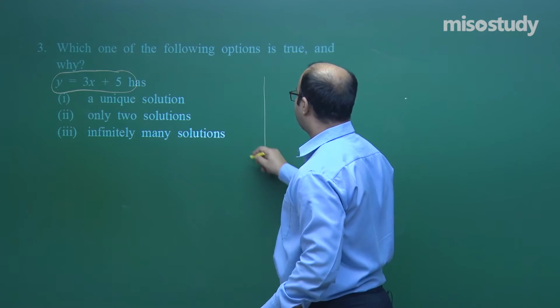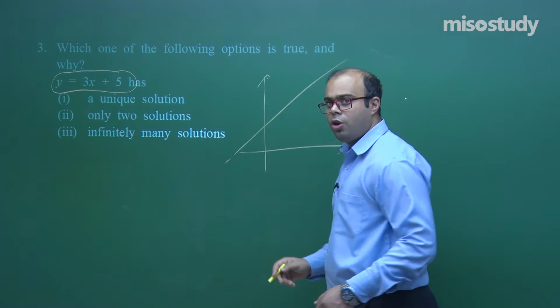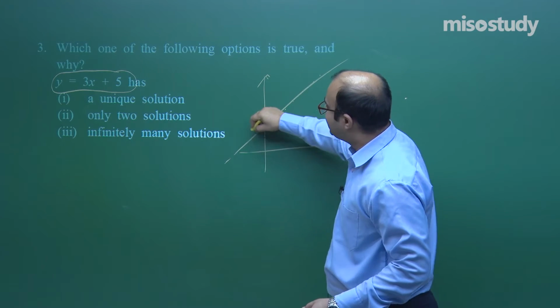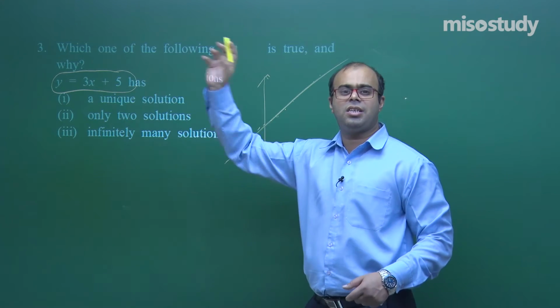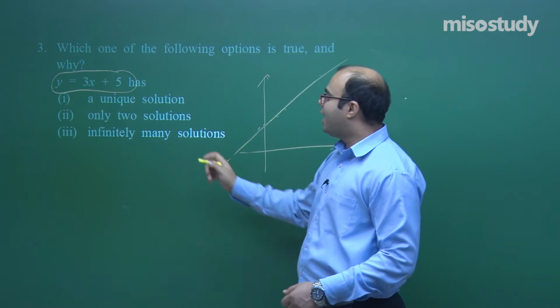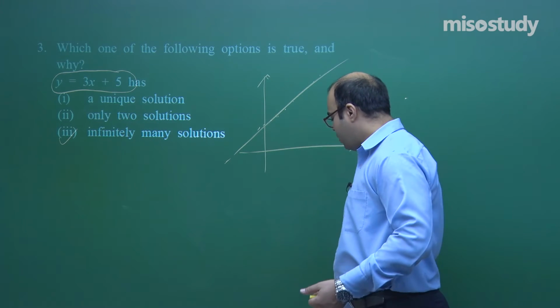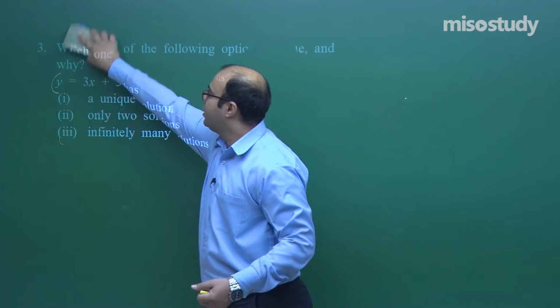If we take an xy plane, this will represent a line, any line. Now there are infinite points on that line and all those points satisfy this linear equation. That is why this line is represented by this linear equation. That means it has infinitely many solutions. There are infinite solutions which are actually lying on this line which can satisfy that equation.